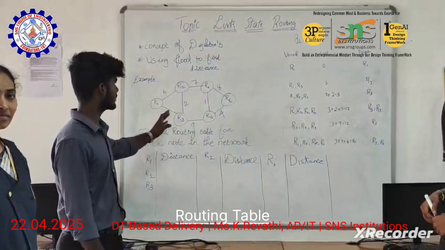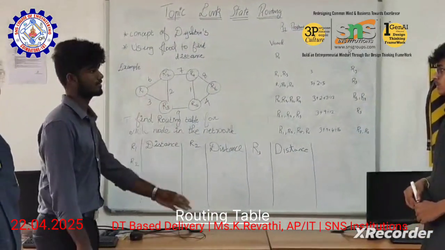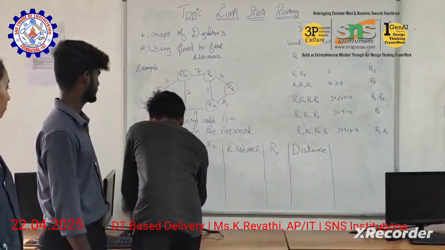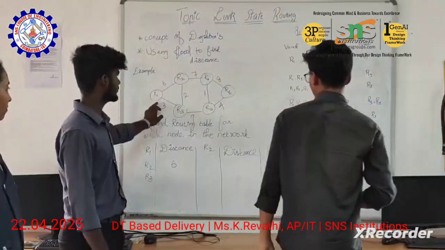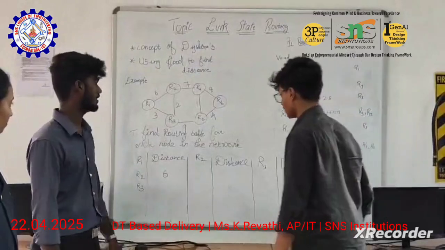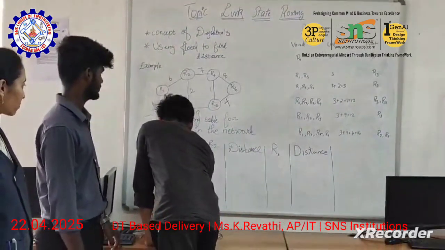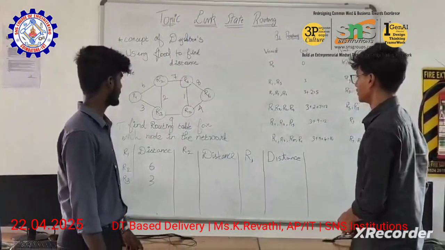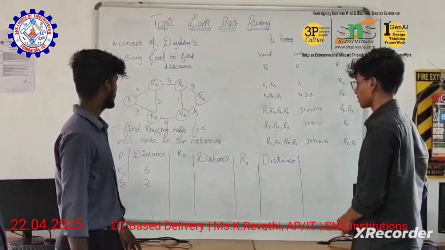The distance between R1 and R2 is 6. And the distance between R1 and R3 is 3. In the same way, we need to find each root node and each distance between them.